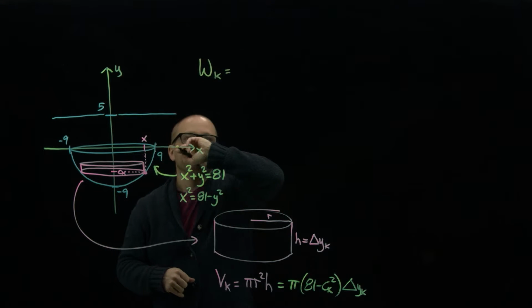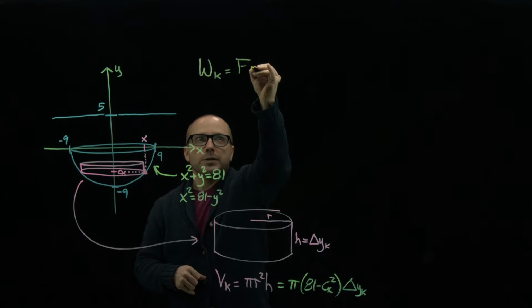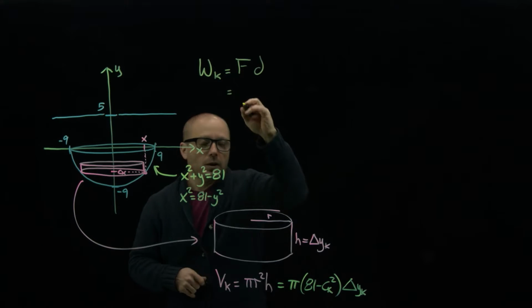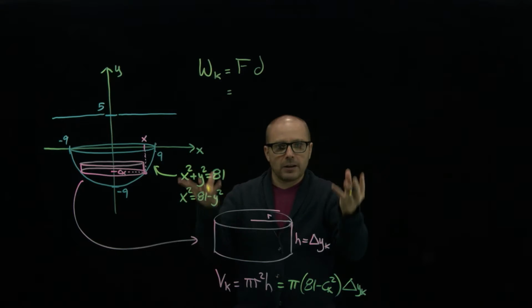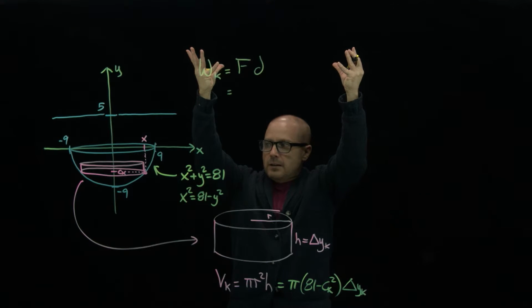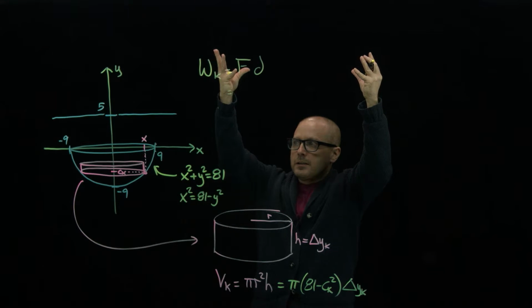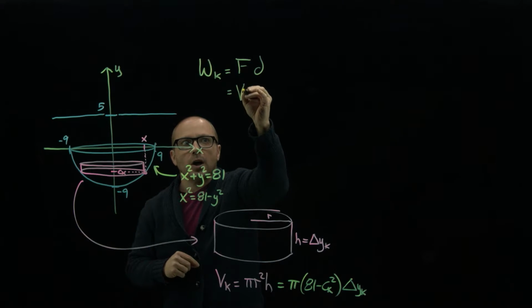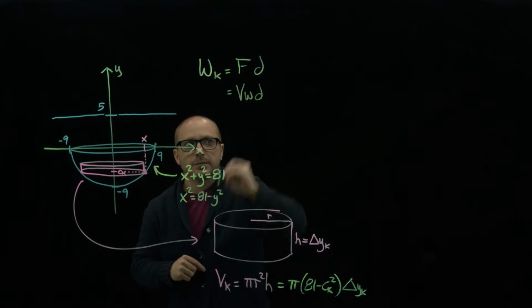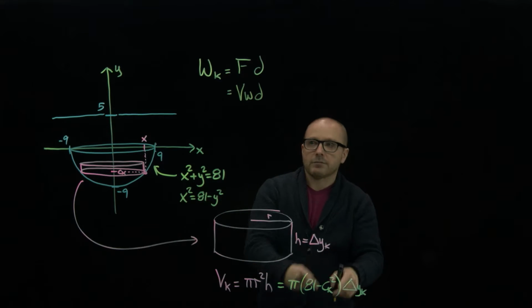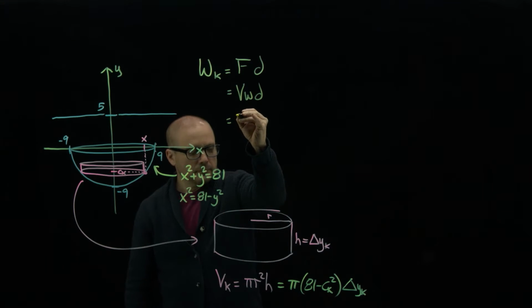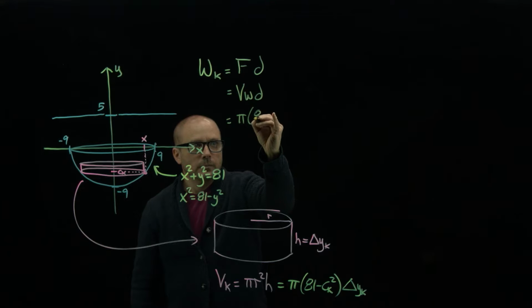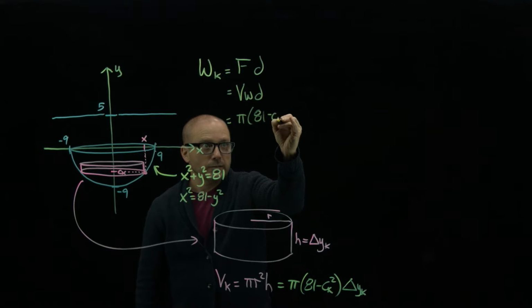So work, remember, is force times distance, and the force involved here is gravity, right? We're adding gravitational potential by lifting that water up to a higher height. So what we want is the weight of that water, which is its volume times its weight density times its depth. So we've figured out volume, or at least our approximation, right?